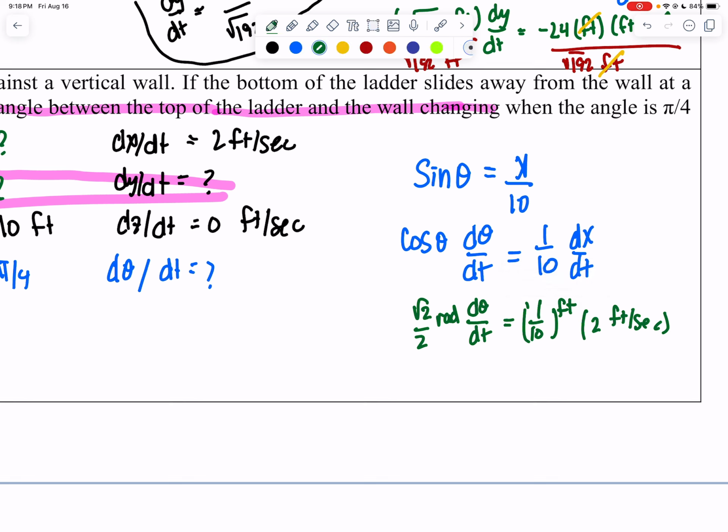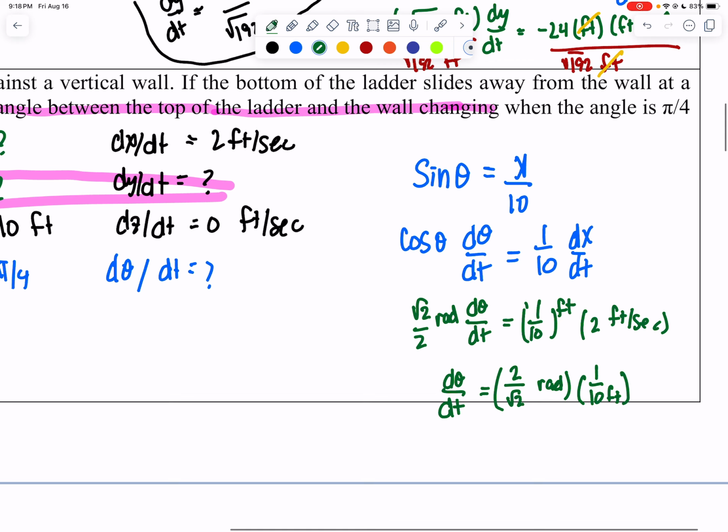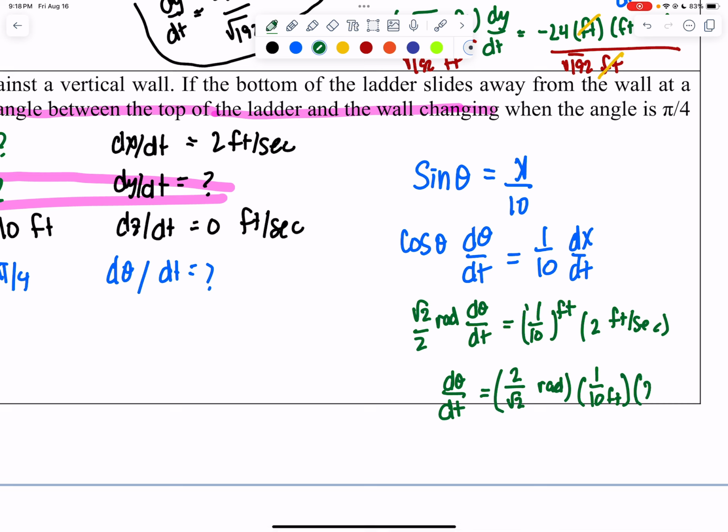So then if I do d theta dt, I'm going to have 2 root 2 radian, and then 1/10 10 feet, and then 2 feet per second.